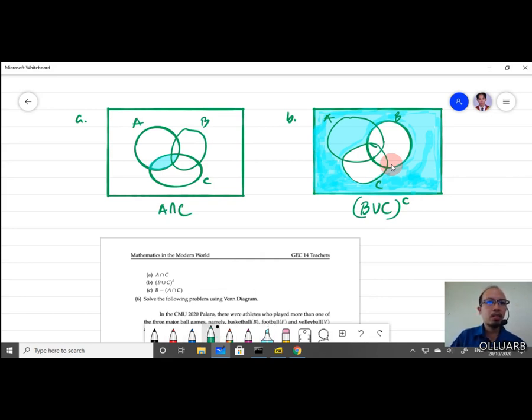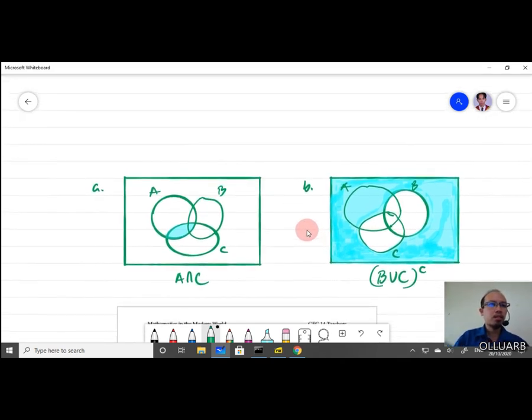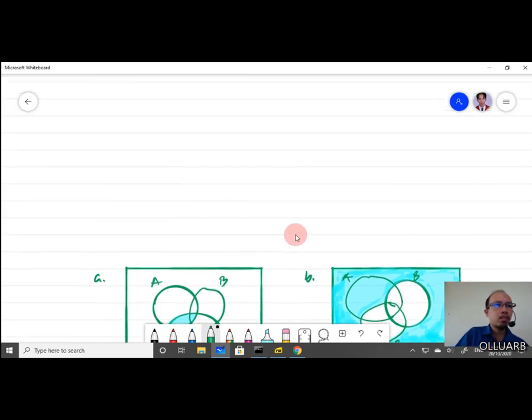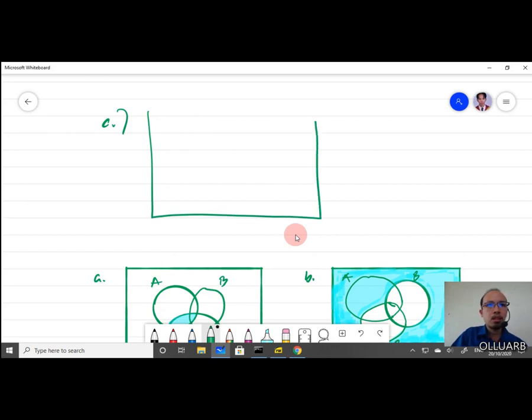For letter C, let's try to answer this somewhere here. Let's make a figure.